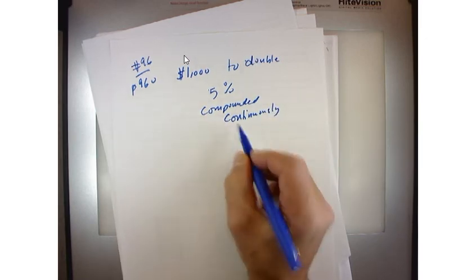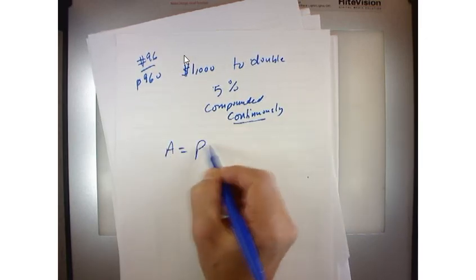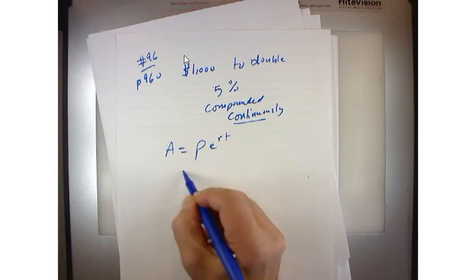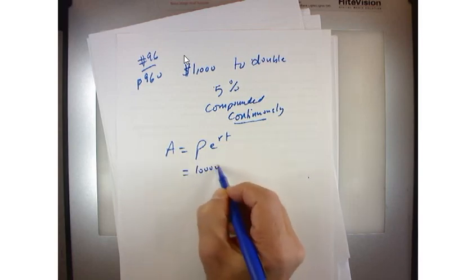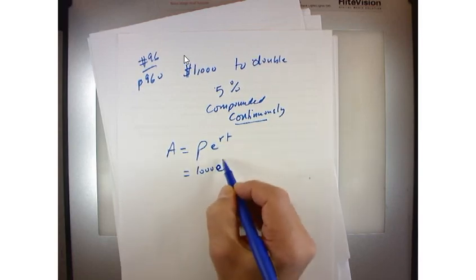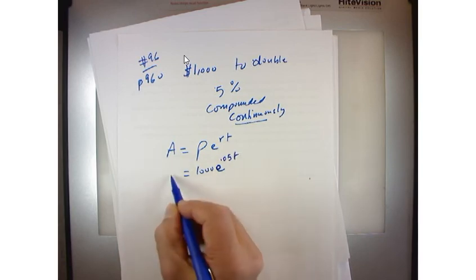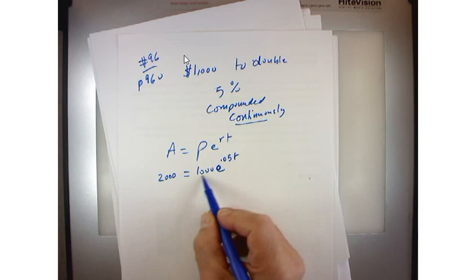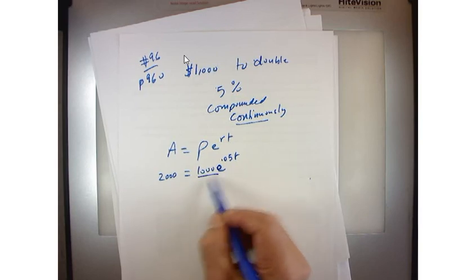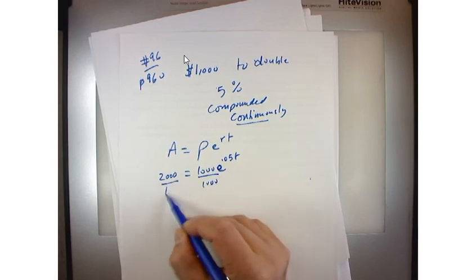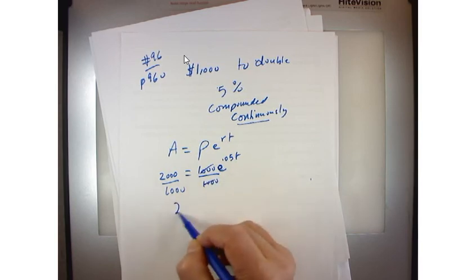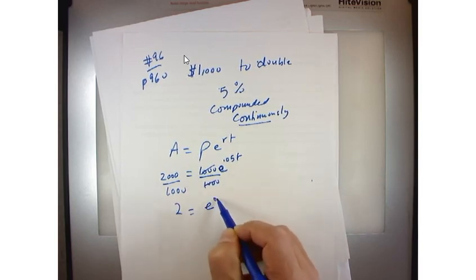Okay, so continuously meaning you're using Pe^(rt). If you're starting with $1,000 to double it, you need to make it 2,000. We want to solve an exponential equation, so we divide by the 1,000. So we get 2 equals e to the 0.05t.